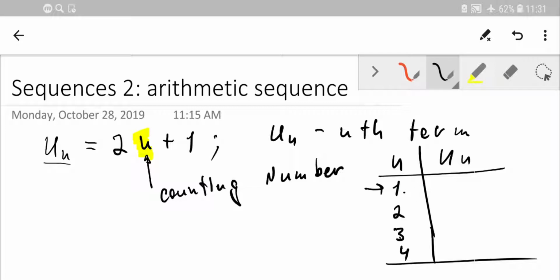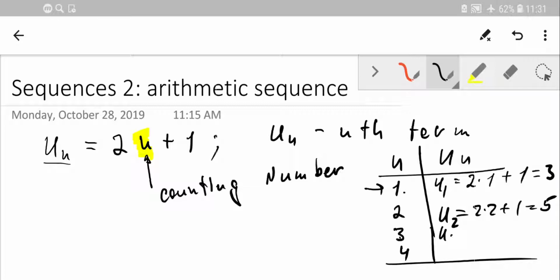Okay, we have n equals 1. Let's plug into the formula in order to determine the first term of the sequence. So u1 is 2n plus 1, so 2 times 1 plus 1. It will generate the value 3. For u2, we plug in in a similar manner: 2 times 2 plus 1, that's how we get 5.